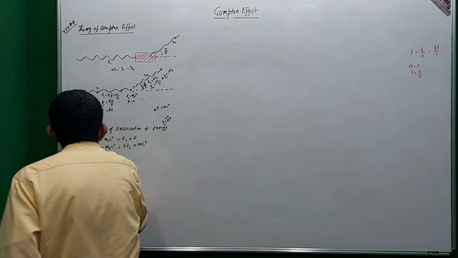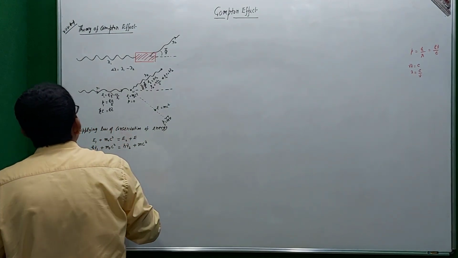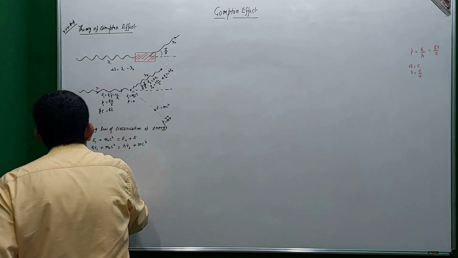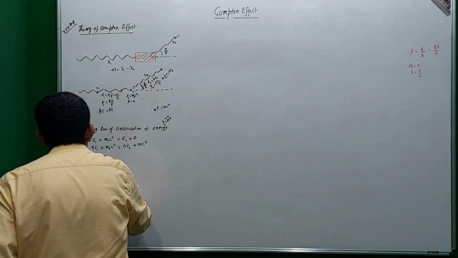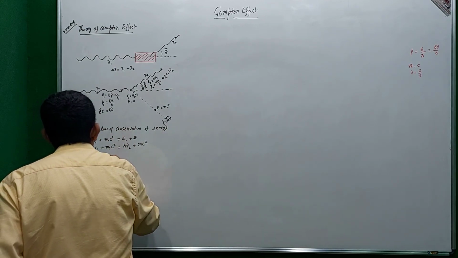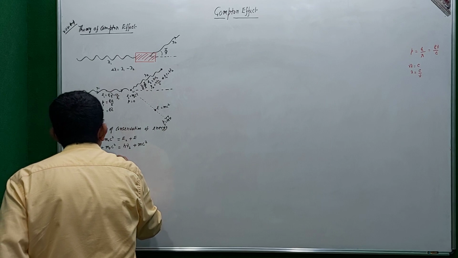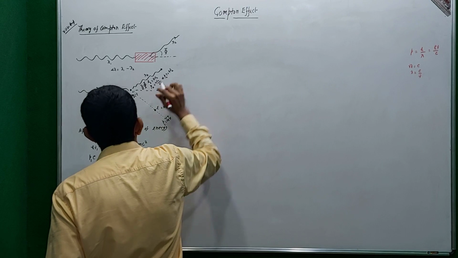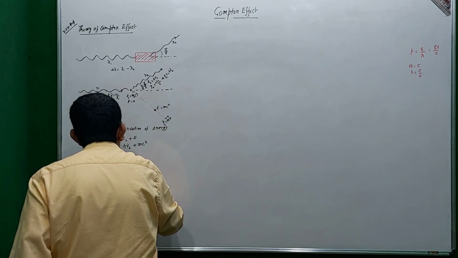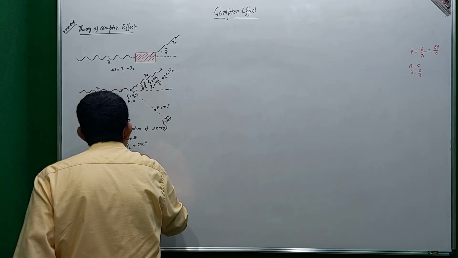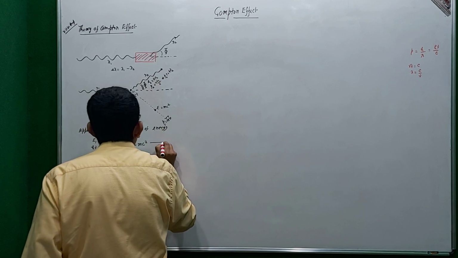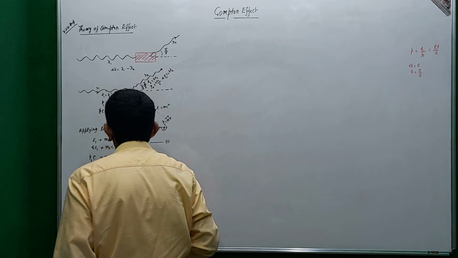or I'll write this as: what is h nu 1? H nu 1 can be written as P1 into C. Therefore this becomes P1 into C plus m naught c square equal to... what is h nu 2? H nu 2, in terms of momentum, we have written as P2 into C plus mc square. Let us write this as equation 1.